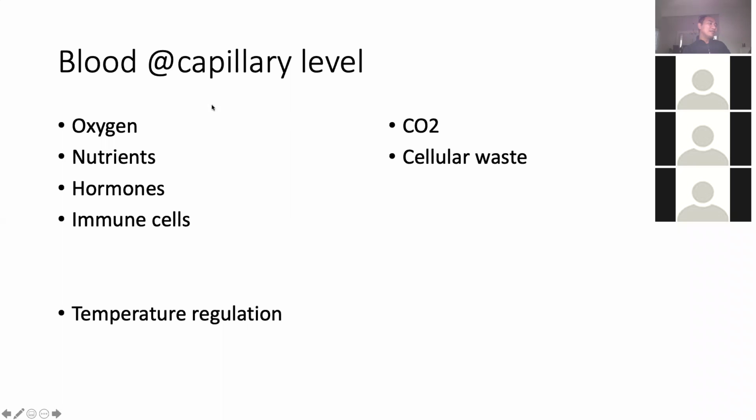At the capillary level, the blood gives oxygen to the cell and takes carbon dioxide back from the cell. If the blood is going to the lungs, at the lung capillary level it takes oxygen from the inspired air and delivers carbon dioxide into the lung alveoli for gaseous exchange.